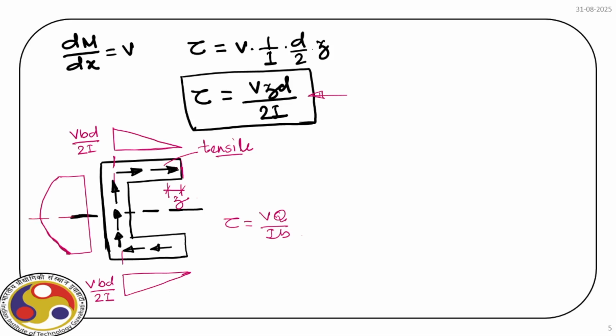Okay. Now just imagine we apply a force vertically downward, say at this point. Now obviously, if the force is applied here, it has an eccentricity with the vertical axis of the web.